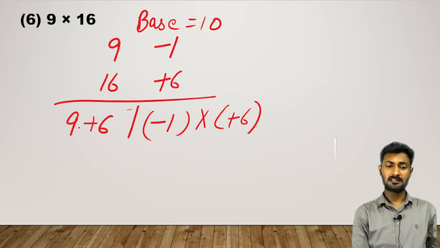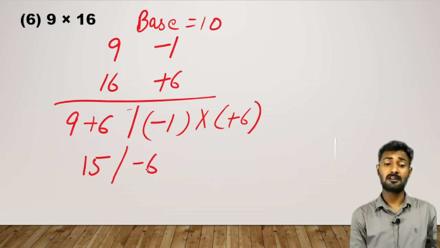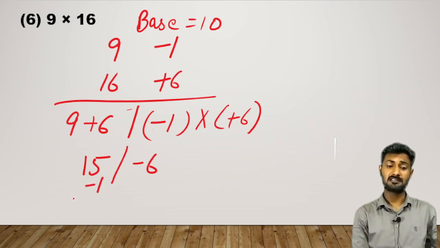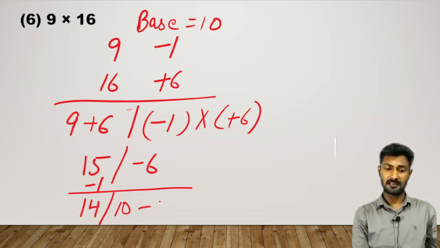This becomes 9 plus 6 equals 15, and this is -6. Here a negative number will not come. To make it positive, we subtract 1 from the 15, and this becomes 14, and base 10 minus 6 is 4, and the resultant is 144.